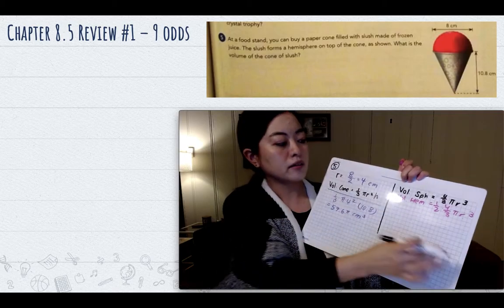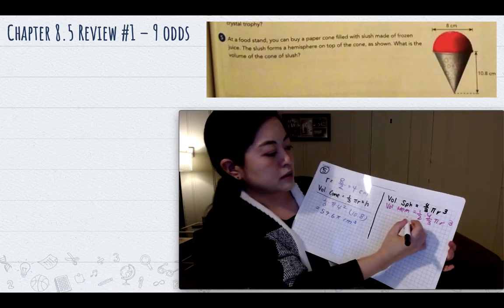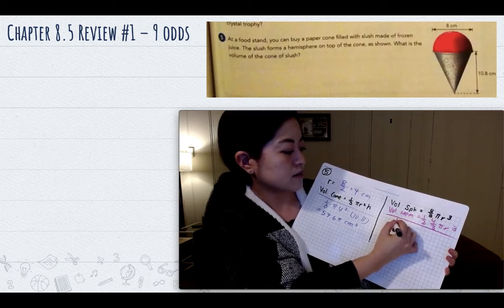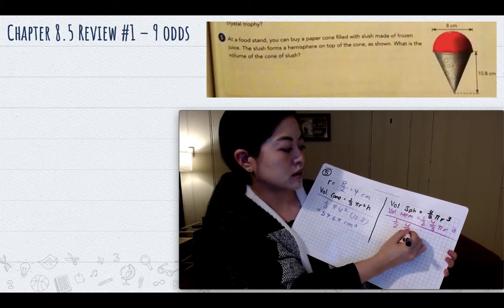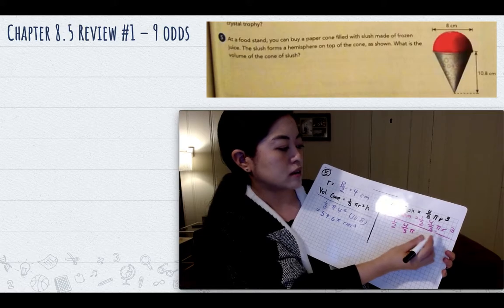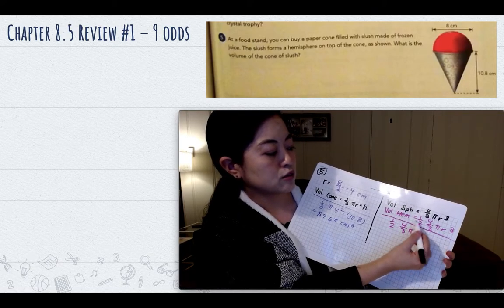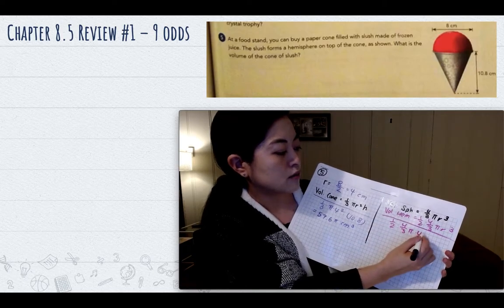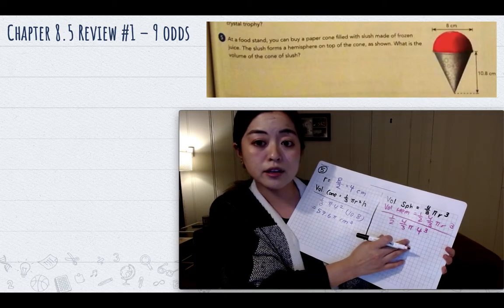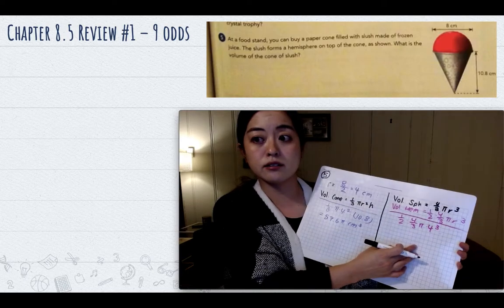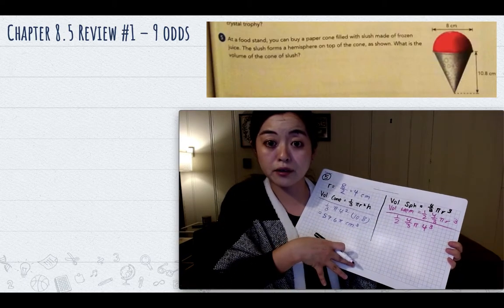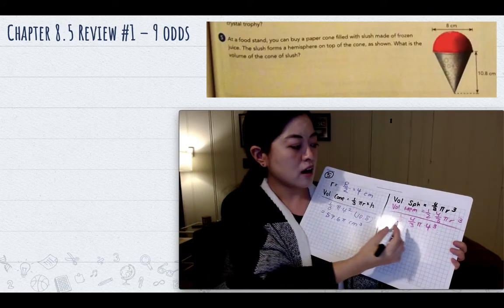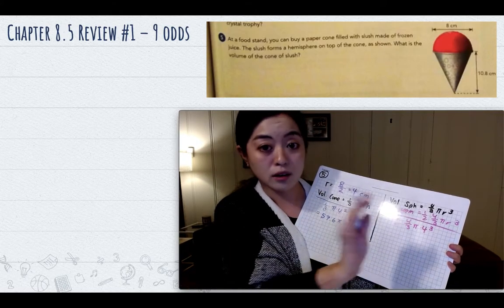Okay, so let's input our values for the volume of the hemisphere. Now r is 4 cubed. And again, same thing here. We're not going to approximate this yet. We're going to approximate it later, and I'm going to show you why, so hang tight with that.